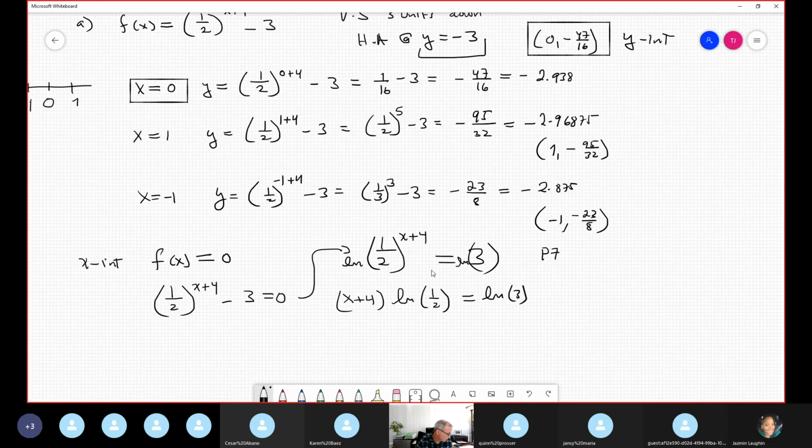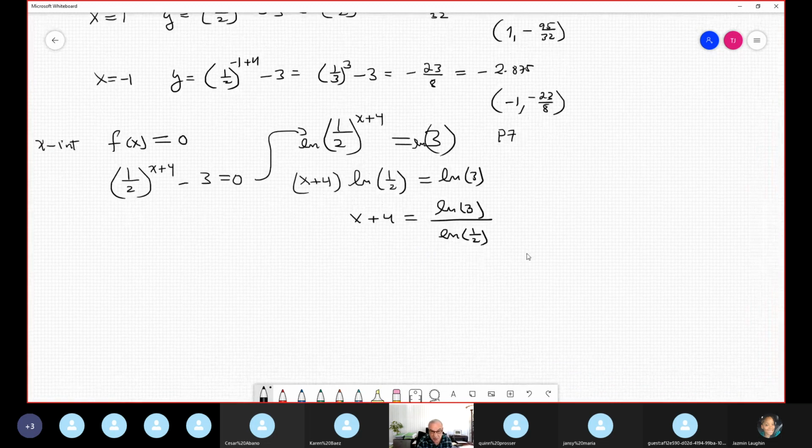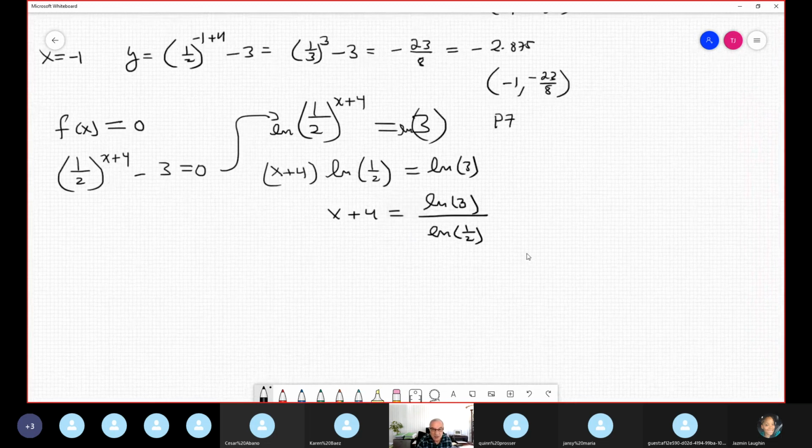Now you divide: x plus 4 is equal to ln of 3 divided by ln of 1/2. By the way, ln of 3 is positive, but ln 1/2 is negative, because remember, the logarithm of a number less than 1 is negative when the base is greater than 1. And actually, the x value is negative 4 plus ln of 3 divided by ln of 1/2.